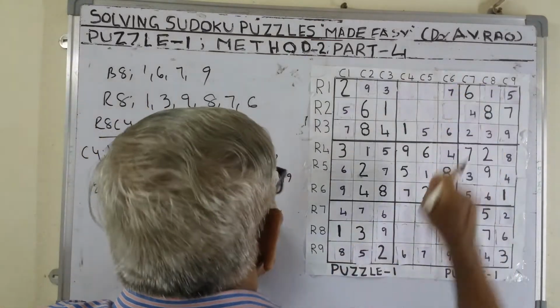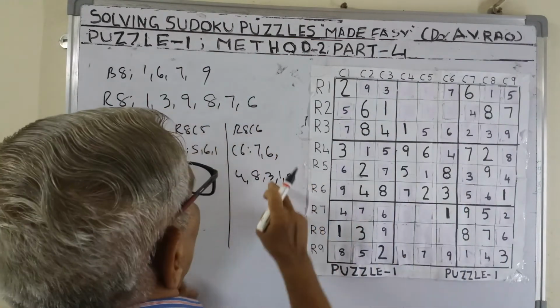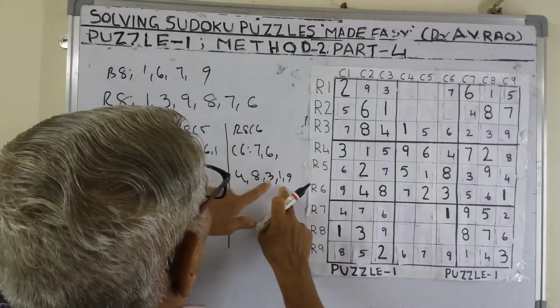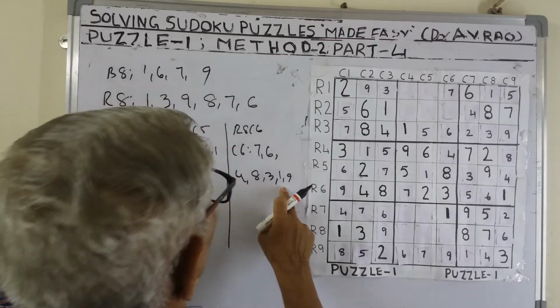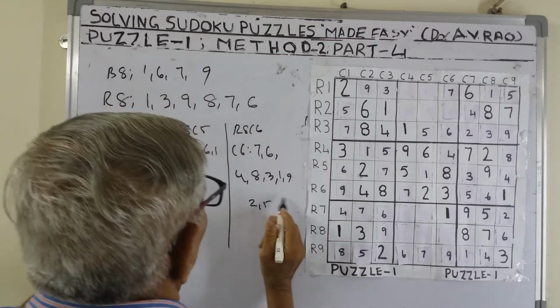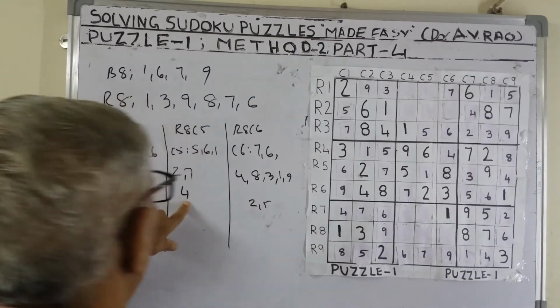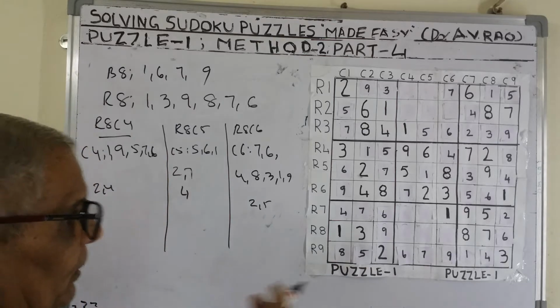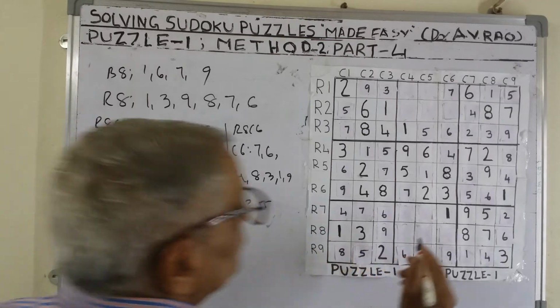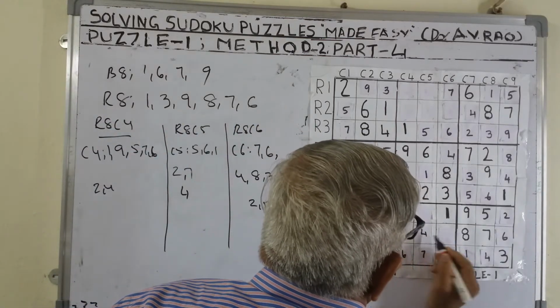Now C6: 1 is there, 2 is not there, 3 is there, 4 is there, 5 is not there. So we have to fill 2 and 5. Here we can identify very accurately which number to fill in this cell. So let us first take 4.